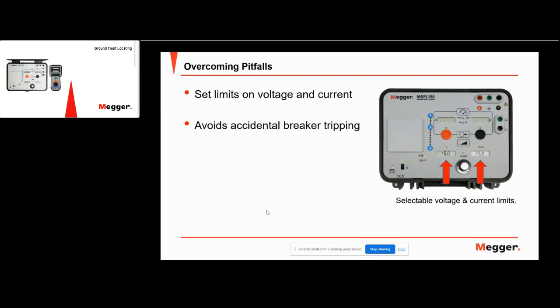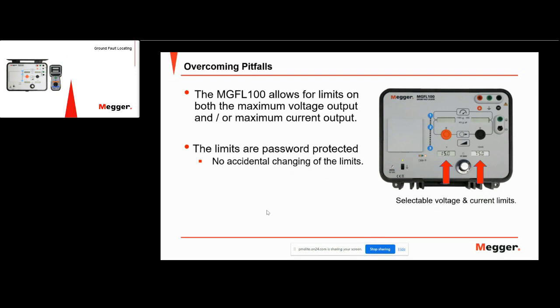This way, engineers can examine the system, and in these systems, they may want to limit the amount of current or the amount of voltage, or both, that you can put into the system. And again, this is password protected so that it cannot accidentally be overlooked in the field during use.